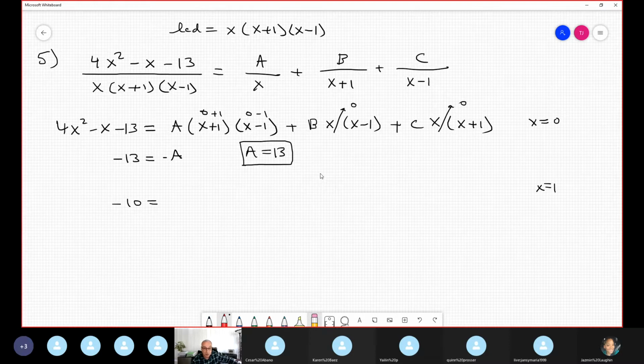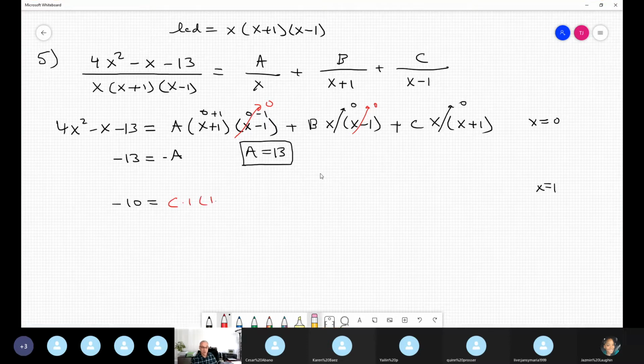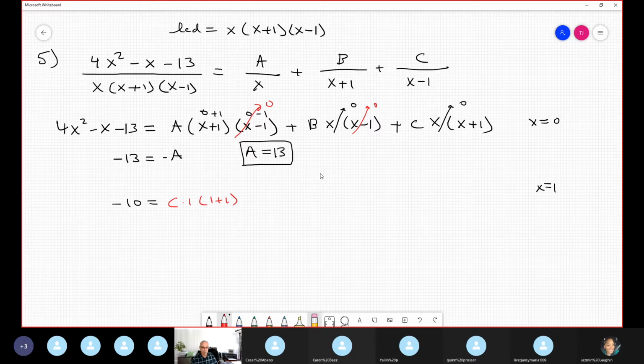When you plug in 1, 1 minus 1 is 0, so that part is cancelled out, and that part is cancelled out. Only C stays alive, C times 1, because x is 1, times 1 plus 1, which is 2. So 2 times 1 is 2. It's obvious that C is negative 5.